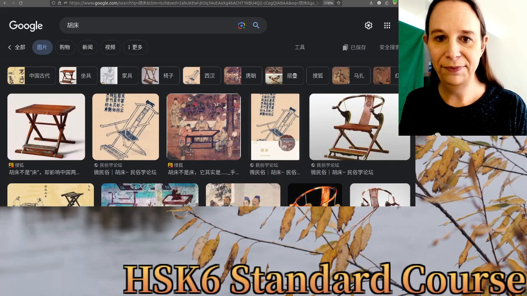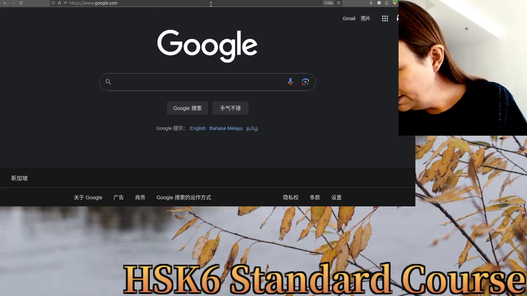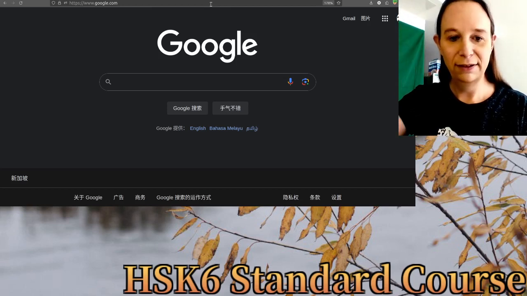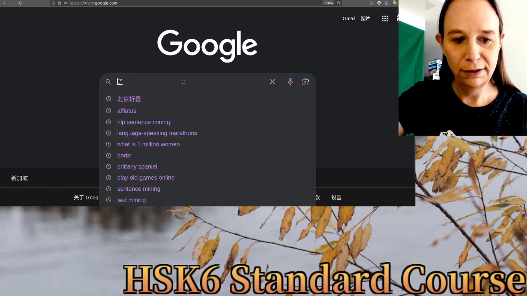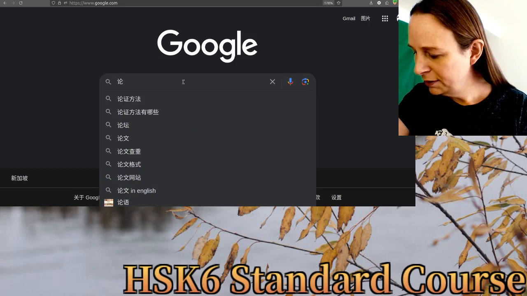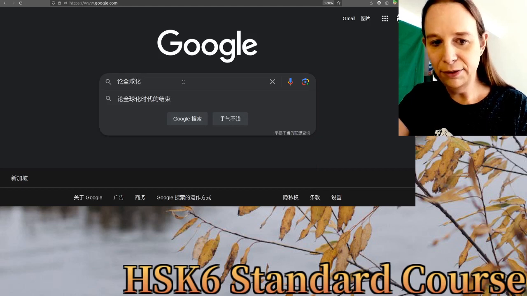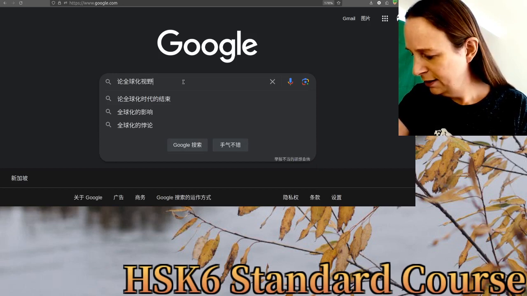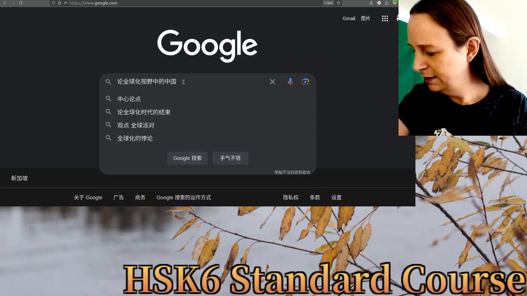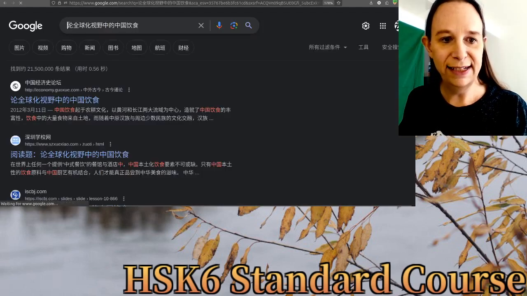All right, so as I always say, we go to Google and we see if we can find this article. 论全球化论全球化视野中的中国饮食。Now I want precisely that title if possible.